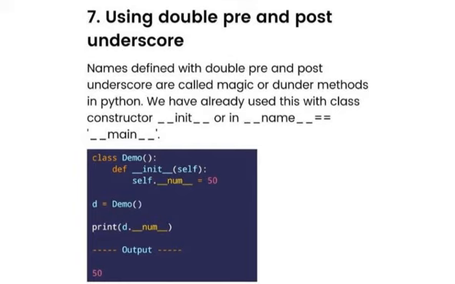The class name is demo. We have a constructor init, and d is the object, and the variable d dot num. The variable is called using the object. So we have various types of using underscore, single and double, in Python.